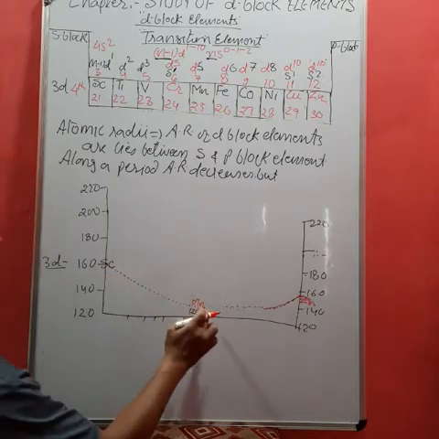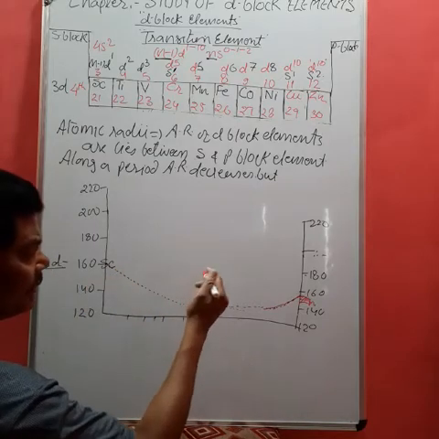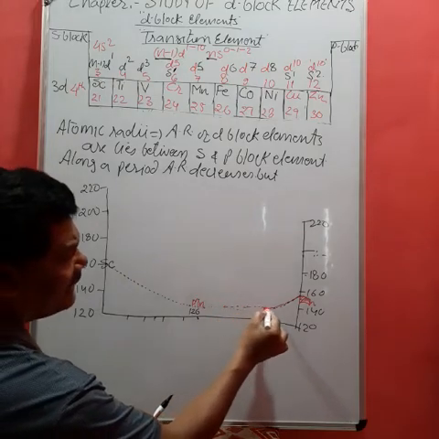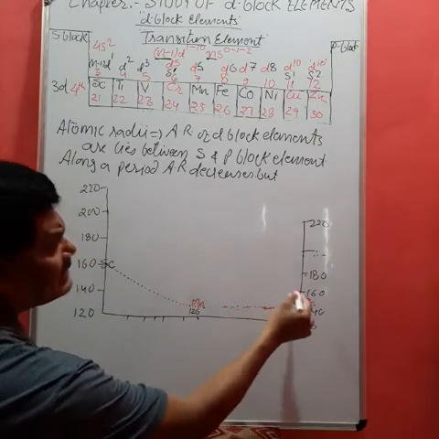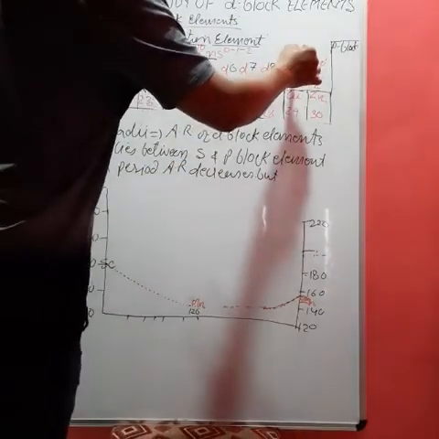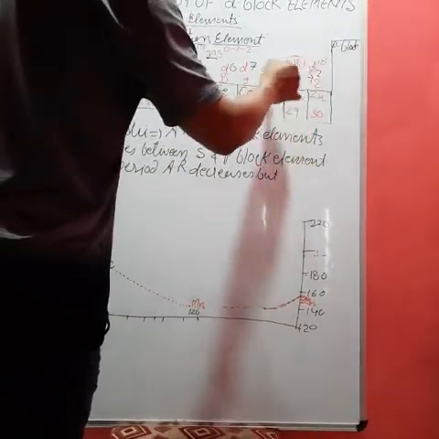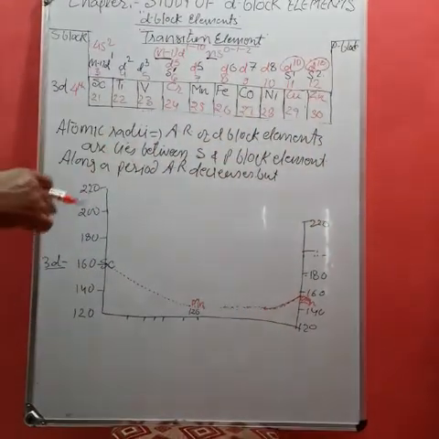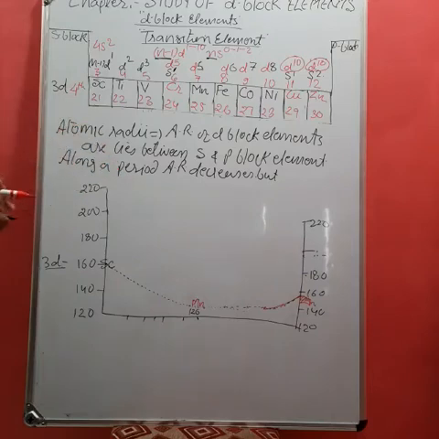So up to Mn, atomic size decreases, but after Mn, the atomic size remains almost the same, and then there is a sudden increase in the atomic size. This is because in the case of copper and zinc, all the orbitals are fully filled. Therefore, atomic size decreases a little.